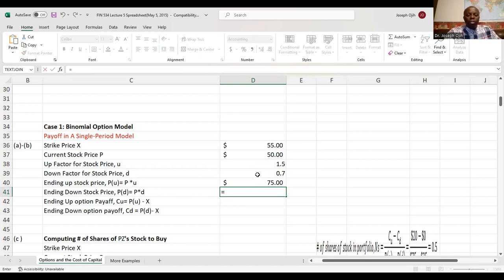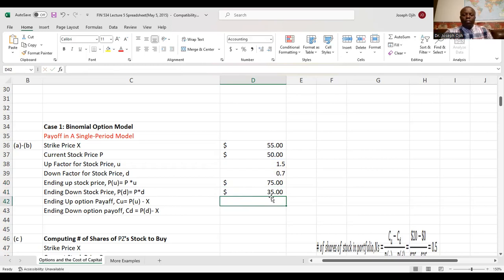And for the ending down stock price, we use PD for that. Sorry, my mistake. P times D. Excuse me. P times, that is the price times the down factor. Multiply it. That gives you $35.